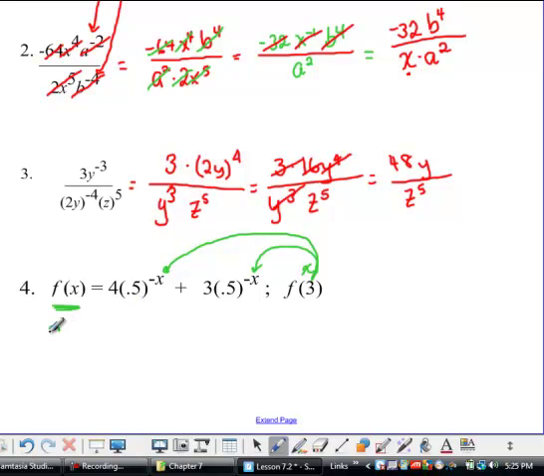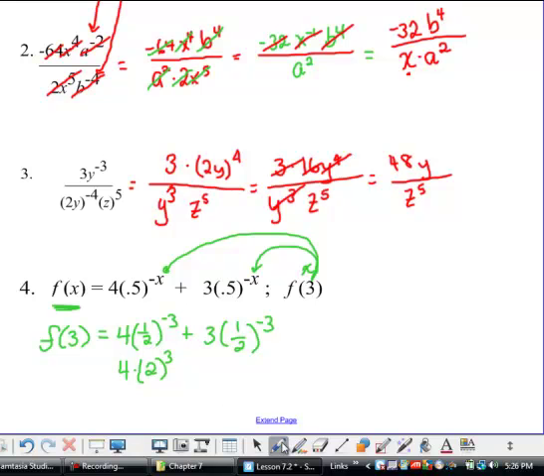Okay, so when I put 3 in for x, I get back, well, I like 1/2 instead of 0.5, but feel free to use 0.5. A little different here. There's no top and bottom, so how do I handle the negatives? Same thing. I flip. So I'm going to take this, and this becomes 2 to the third.